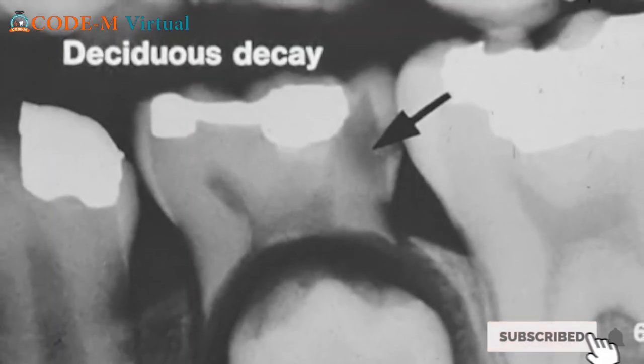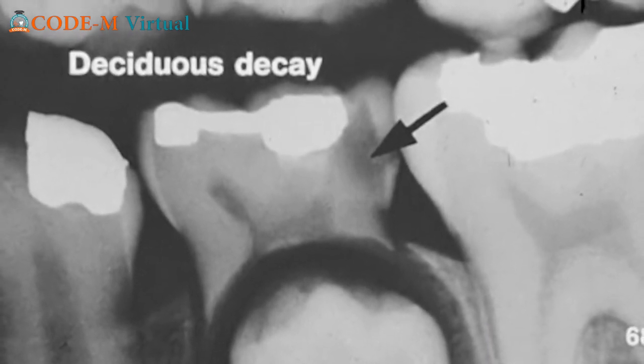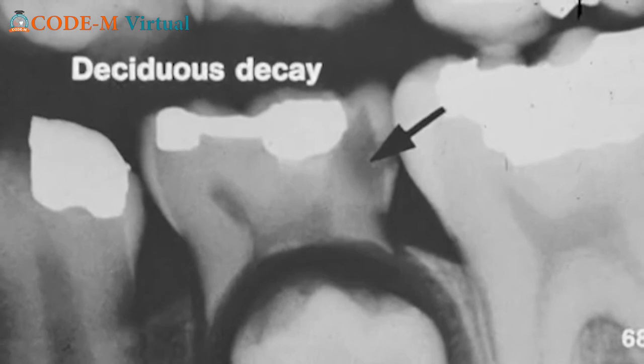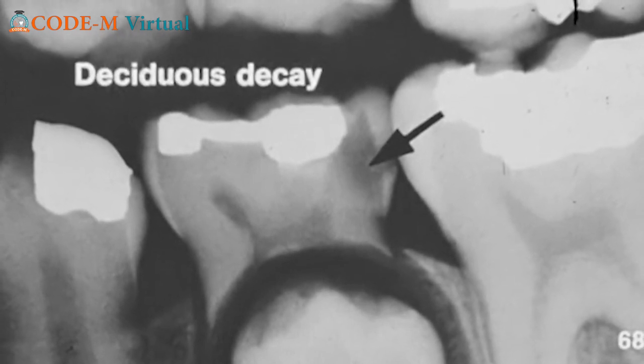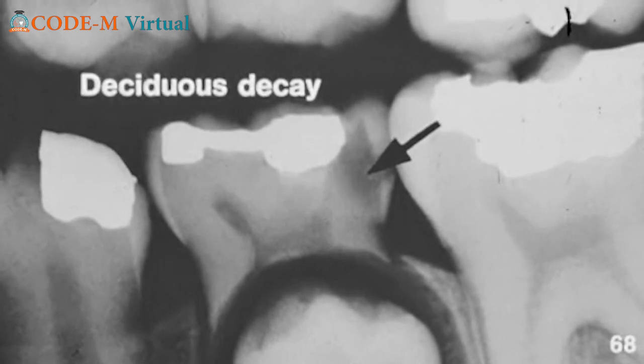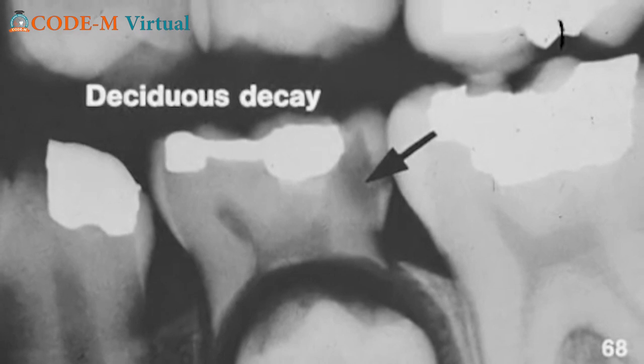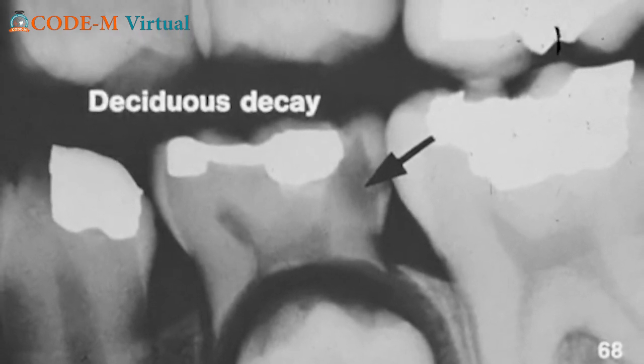This is also a radiograph showing a deciduous tooth and the distal surface, and showing some carious lesion. The arrow is indicating that lesion. So this can be a deciduous tooth decay.